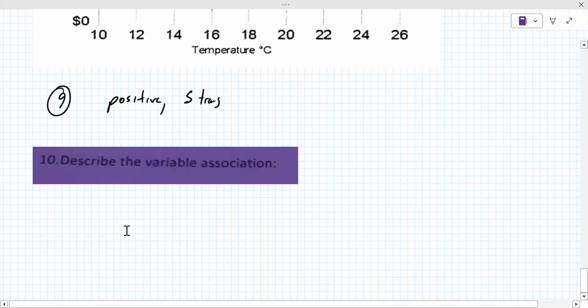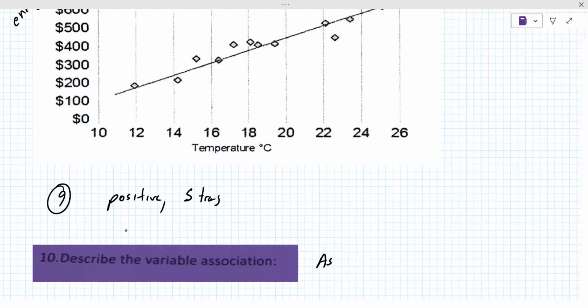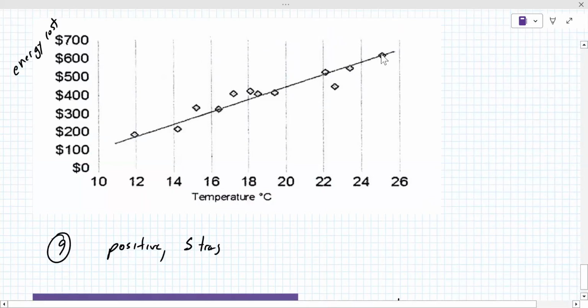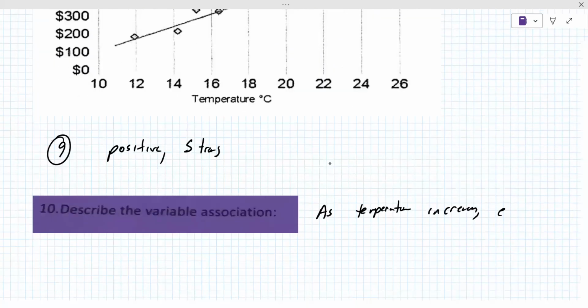Okay, so as temperature increases, what happens to energy cost? Energy cost goes up. It also increases. You've got to be careful with saying up or down. They really prefer increases or decreases.